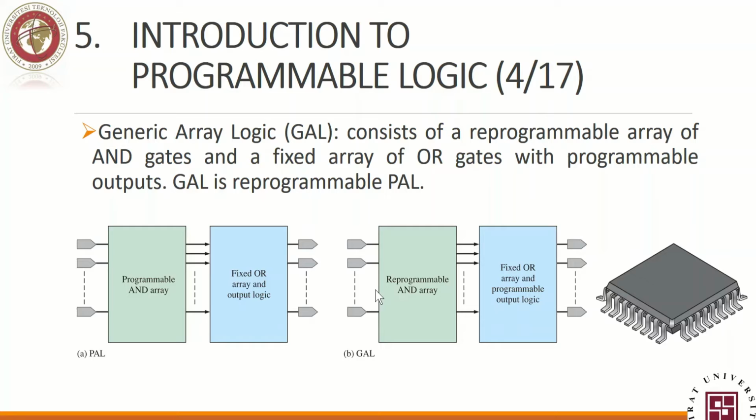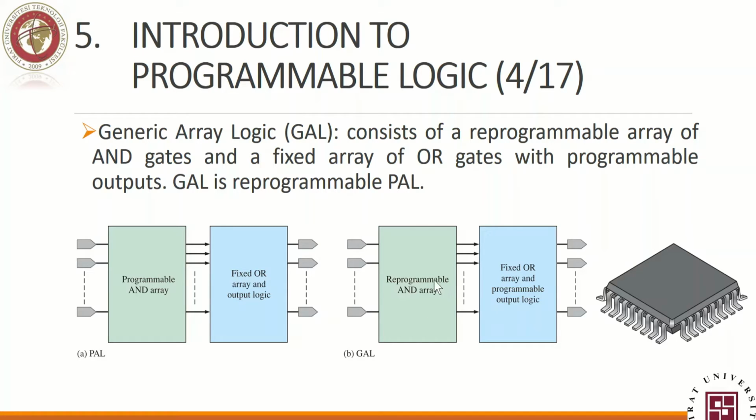Now, what do you need to know? You need to know the main difference. For PAL, the array of AND is programmable and is used for the input, and we have a fixed OR, which has no programmable output. It's just used to provide the output from its side, and there is no programming for the output here.